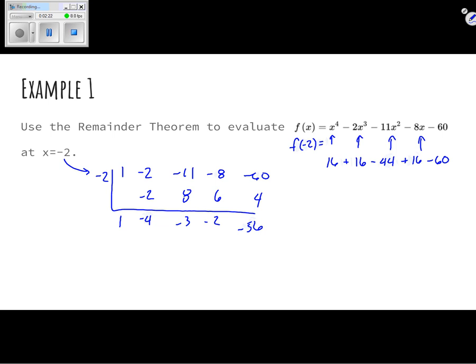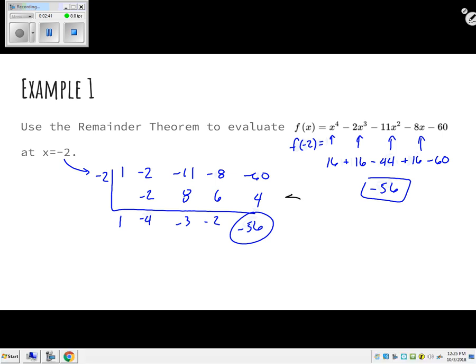Now, if I add all these together, it gives me the same -56 that is in this remainder down here. And that is my remainder theorem. So I will want you to be evaluating this and relate in your head that we have done this already. We just found a better way, a neater way of doing it.